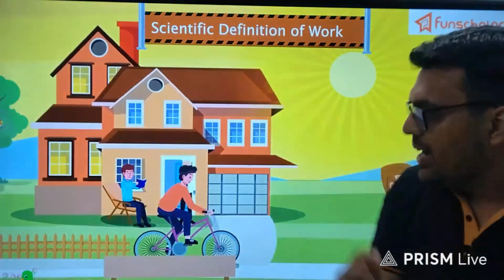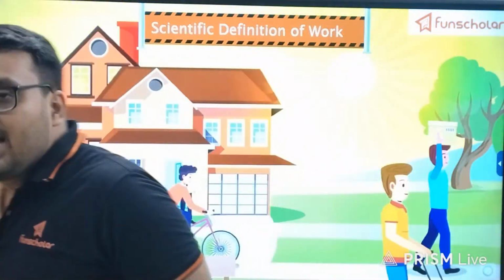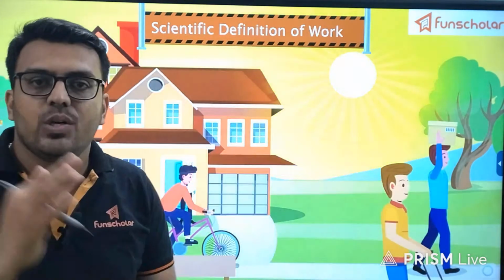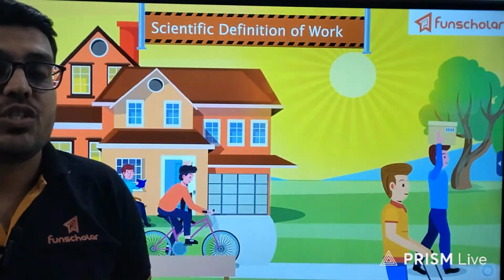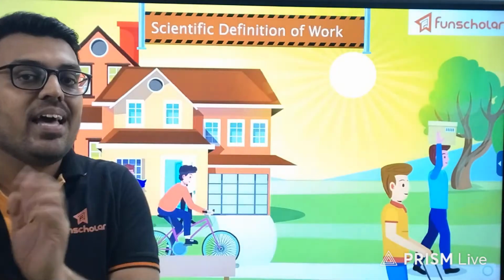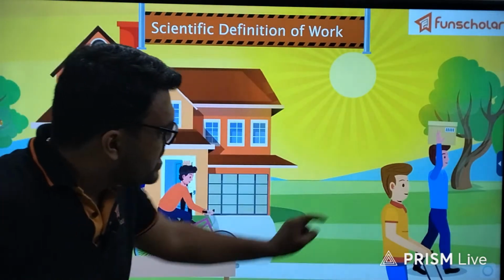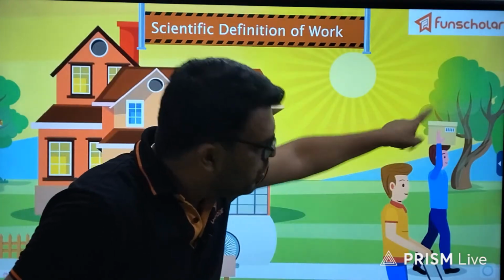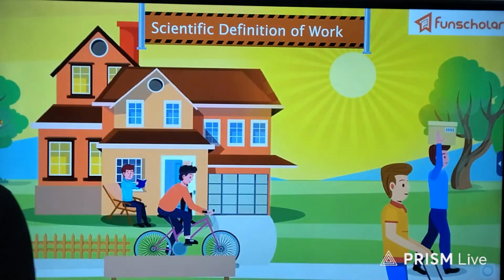Suppose someone is standing, someone is sitting, someone is riding a bicycle. There are various types of personalities in this particular slide, and they are doing different types of work, work which is used in the English language in daily life. But we have to categorize whether the man standing here, the man sitting here, the man riding the bicycle, the man using the lawnmower, and the one who is carrying the basket, whether all of these are doing work or not.